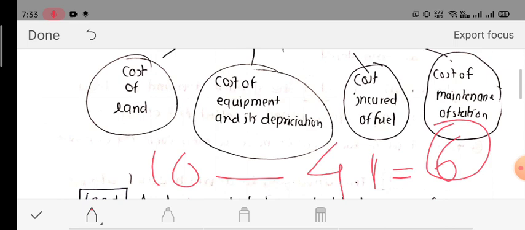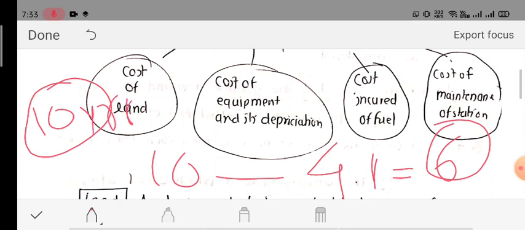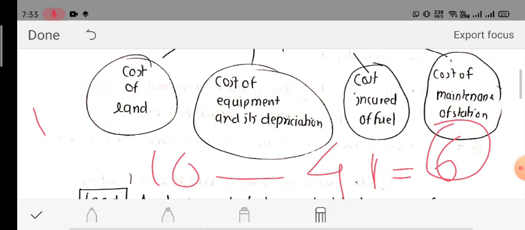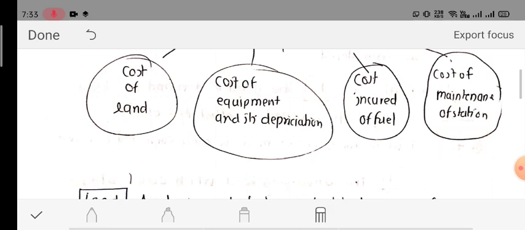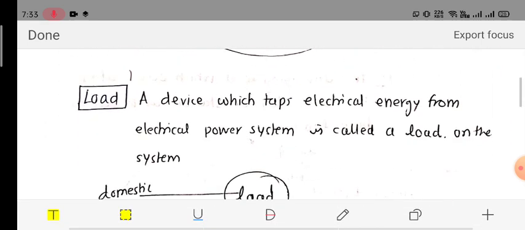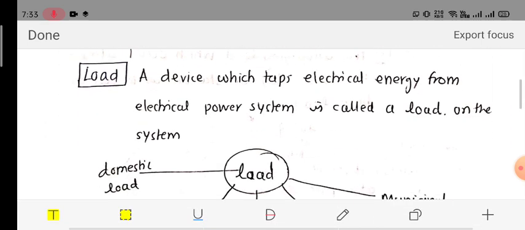So for its useful life of 10 years, there should be a provision to set aside this 6 lakhs out of the profit, such that at the end of 10 years of its useful life, you are in a position to buy a new equipment. So these are the costs associated with your power generation.